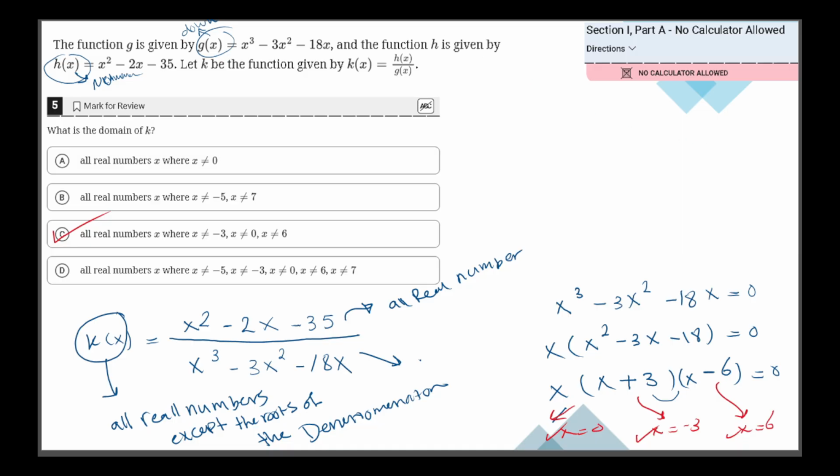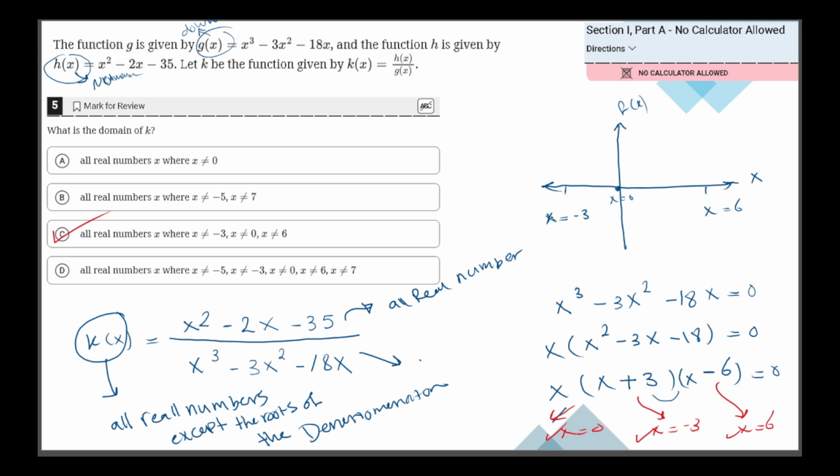If we have a function, this is x, and this is f of x or y. This is x equals 0, and this is x equals 6, and here x equals negative 3.